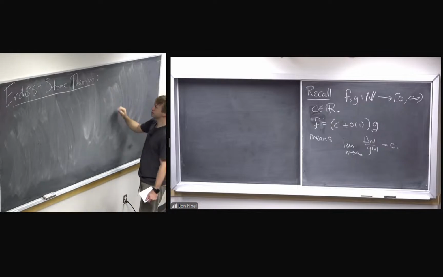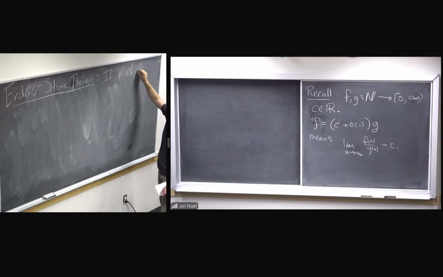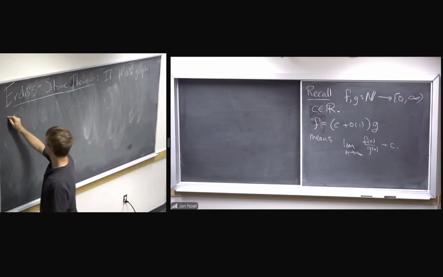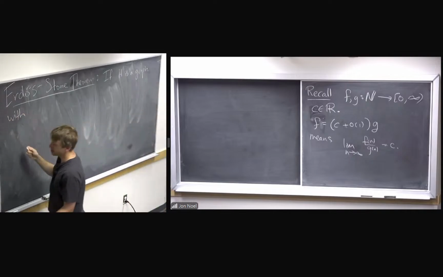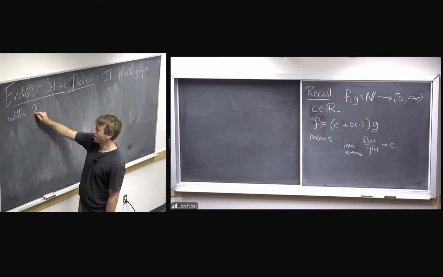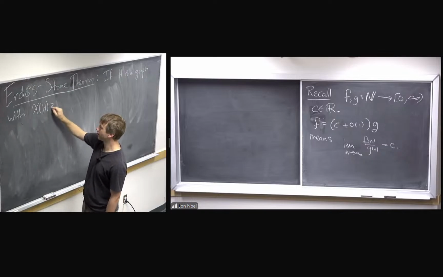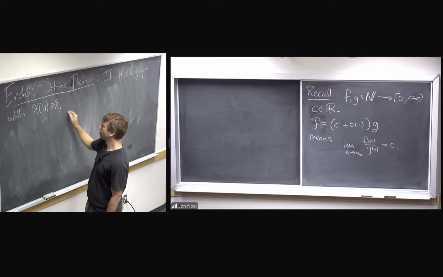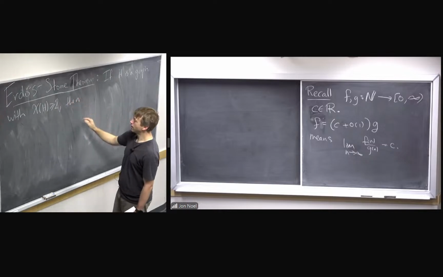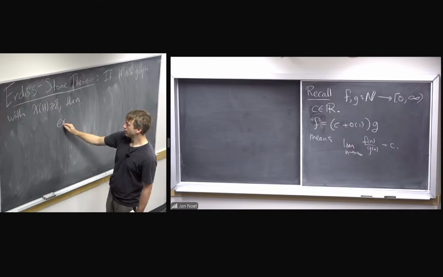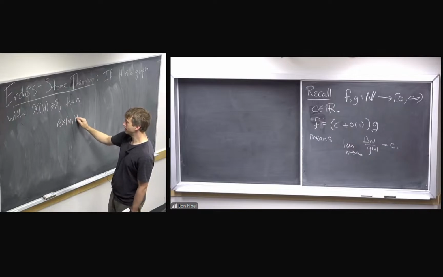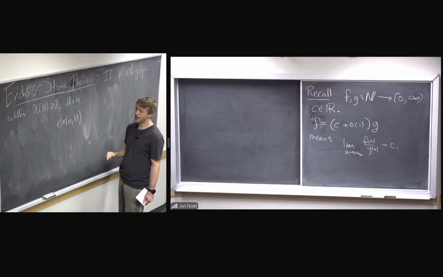It says if H is a graph with at least one edge, which we could also write as chromatic number is at least 2, then the asymptotics of the extremal number, so the extremal number ex n h, remember that's the maximum number of edges in an n vertex graph with no copy of h.